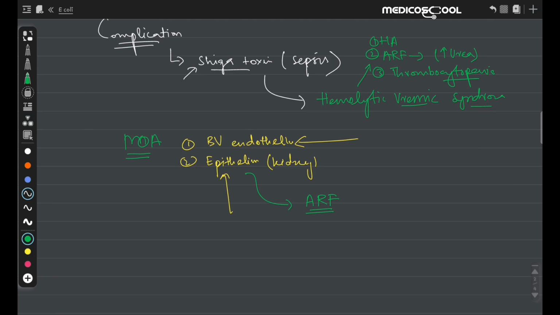How does it cause hemolytic anemia and thrombocytopenia? When this Shiga toxin damages the endothelium, what will occur?